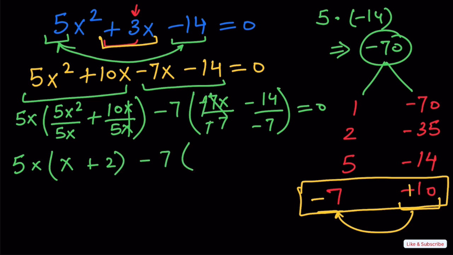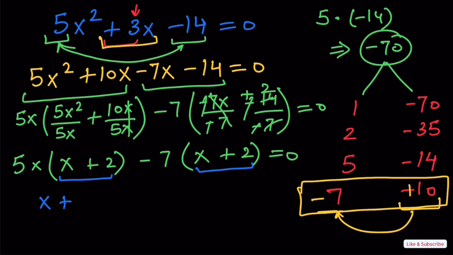What's negative 7 divided by negative 7? That's x. That's plus 7 times 2, which gives 2. Now as long as you're getting the same term inside the parentheses, you are on the right track. We'll take the common again. And the other term which I have, the left one, is 5x minus 7.